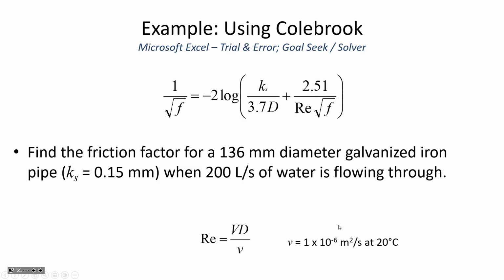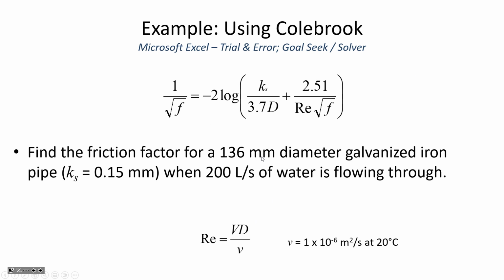Okay, so let's get a feel for how to use the Colebrook equation, and I'll show you how to apply Microsoft Excel for determining the friction factor that should apply in this condition. We've got galvanized iron, so we could go to that table and find the K sub S for galvanized iron is 0.15, and we've got 200 liters per second flowing through a pipe that's got a diameter of 136 millimeters.